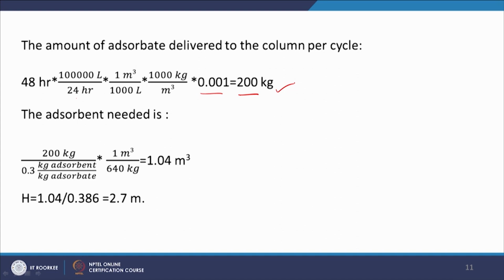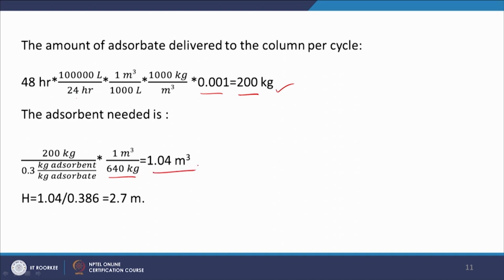So, what will be the adsorbent needed? Adsorbent needed is equal to 200 kg divided by 0.03, because kg adsorbate by kg adsorbent is given, and that gives 640 kg. So, this much of adsorbent is required, then we are dividing it by the density of the adsorbent.